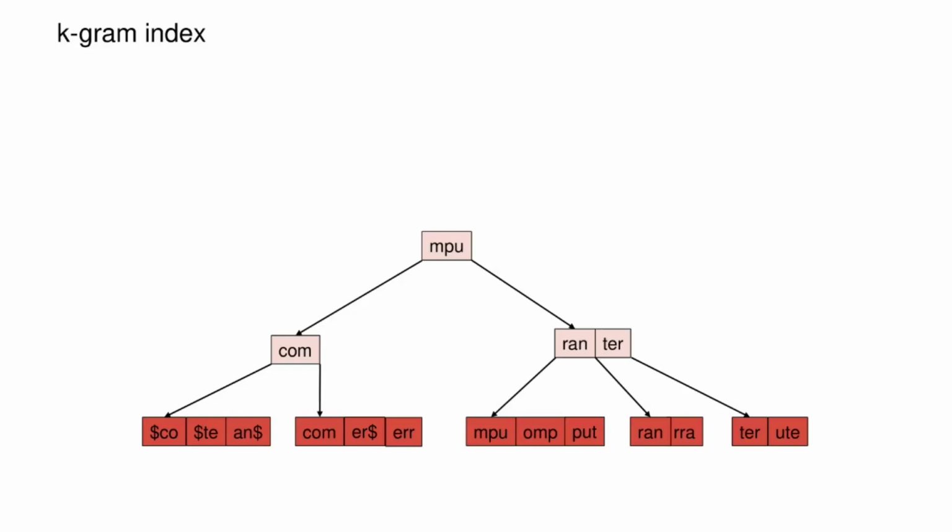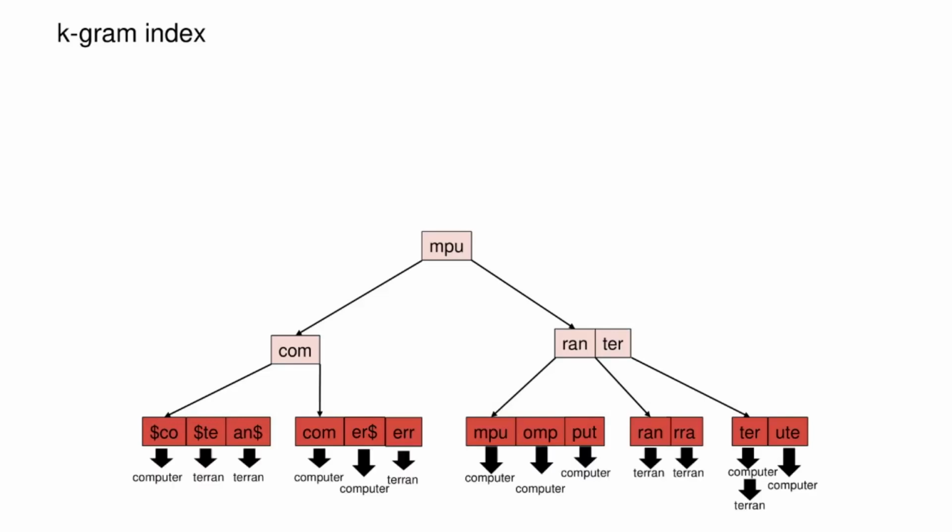But anyway, we have a tree like this, and that allows us to efficiently look up the k-grams, in that case, the 3 grams that we have. And every one of the leaves of our k-gram index, that's what it's called, points to the words that contain these k-grams. For example, COM is contained in computer.